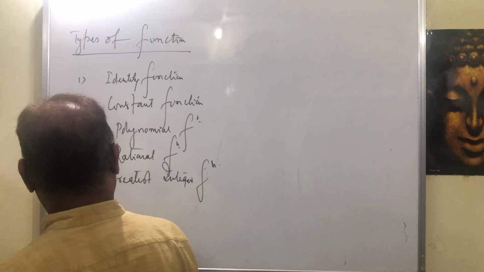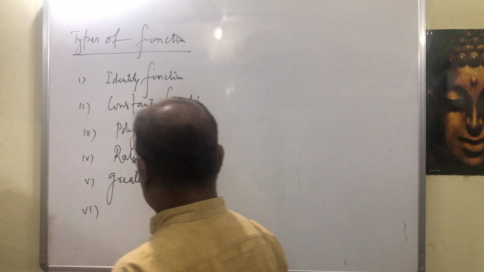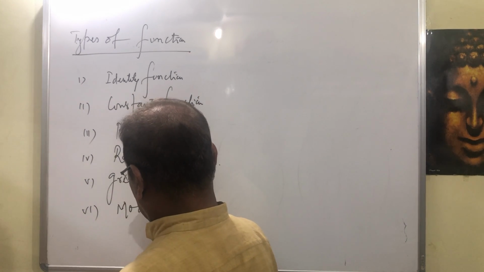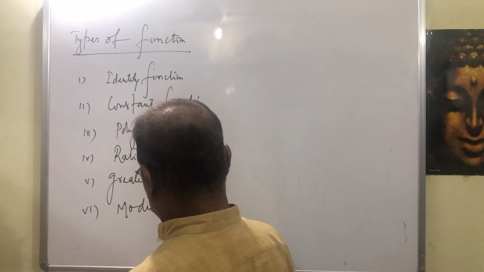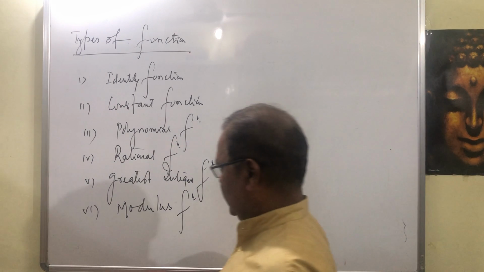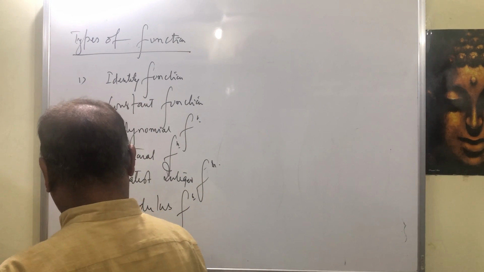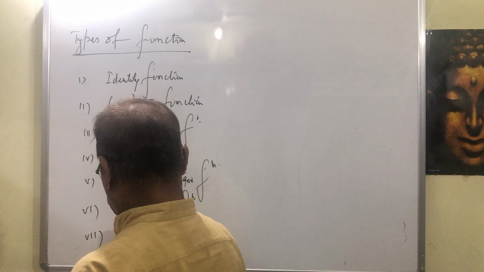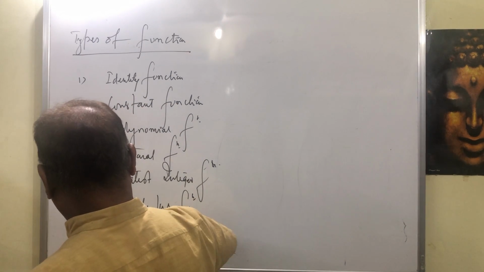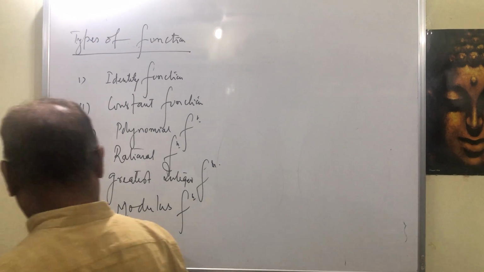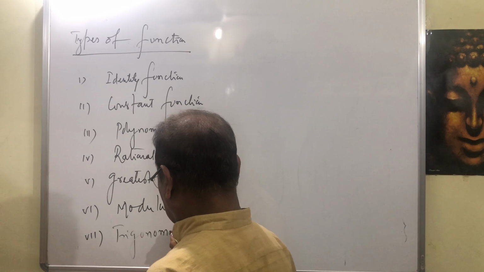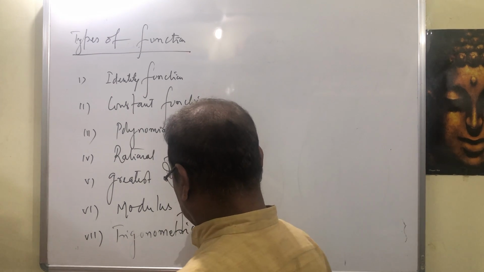Sixth is modulus function. Of course, there are so many functions. I am going to write all, no problem. There is a sine function or trigonometric function. Don't write sine, write simply trigonometric function. All the things are coming here, trigonometric function.